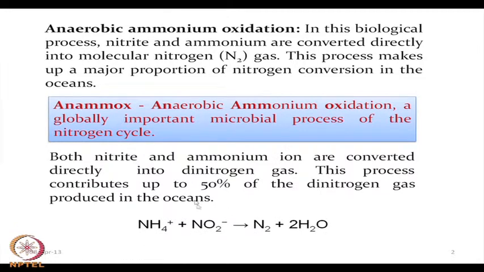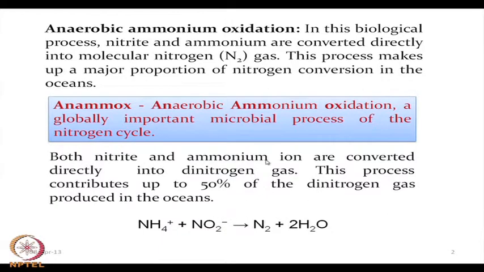and they do take part in the nitrogen cycle. So, the typical reaction is a very simple reaction where ammonium ion reacts with nitrite ion forming dinitrogen and water molecule. It is a very simple and straightforward reaction, but not that we always get this reaction in the laboratory; in the environment, in the natural process, we get this particular conversion.